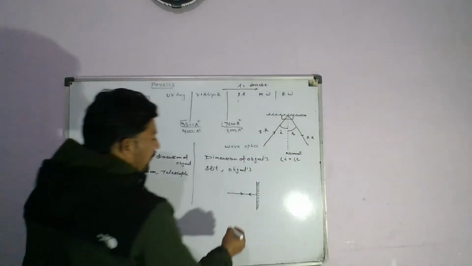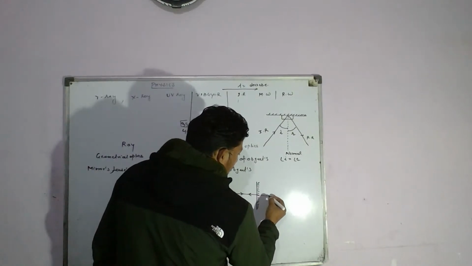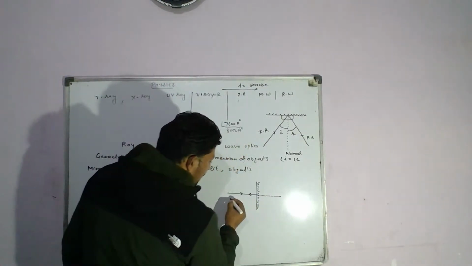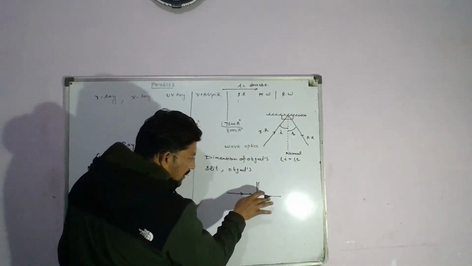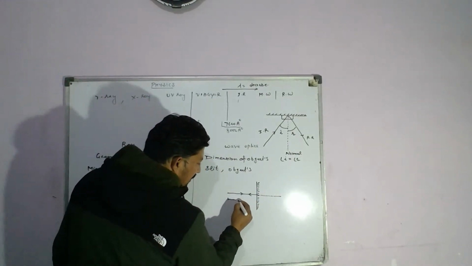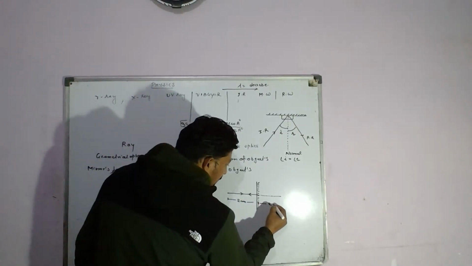A plane mirror forms a virtual image. Suppose the image is formed behind the mirror. If this distance is 2 centimeter, then this distance from the object is also 2 centimeter.